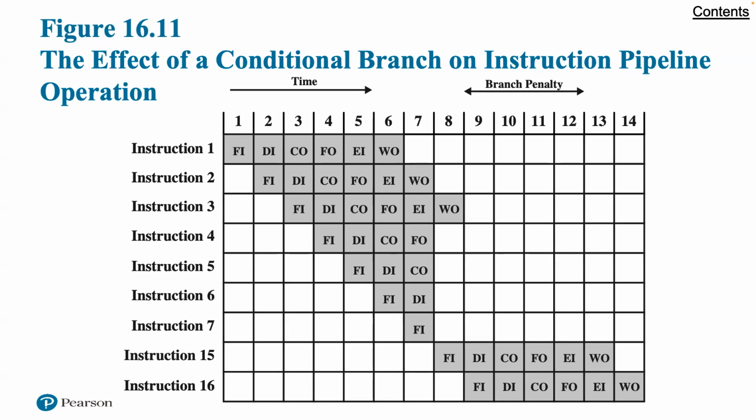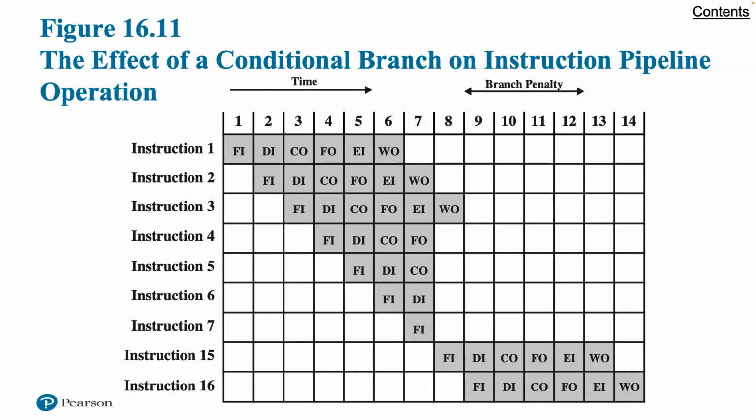Figure 16.11 illustrates the effect of the conditional branch using the same program as illustrated in figure 6.10, which we just showed. We assume that instruction 3 is a conditional branch to instruction 15. Until the instruction is executed, there is no way of knowing which instruction will come next. The pipeline in this example simply loads the next instruction in sequence, instruction 4, and proceeds.